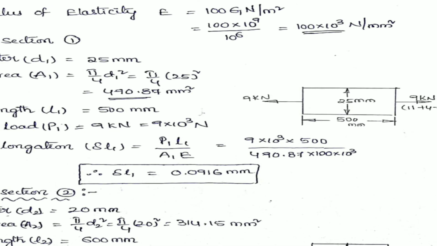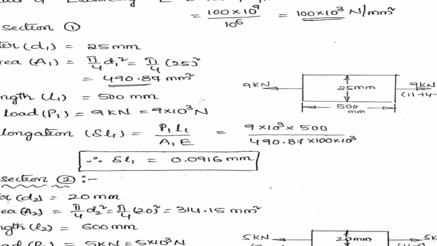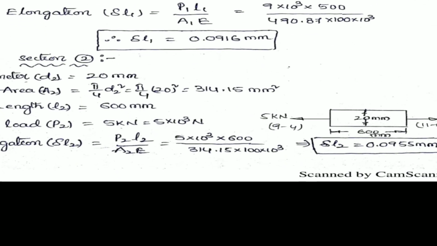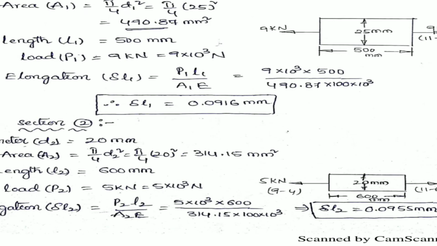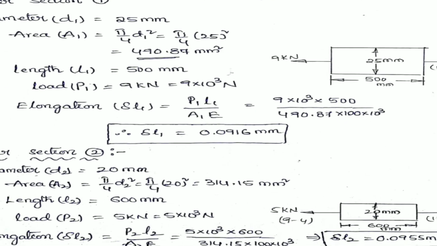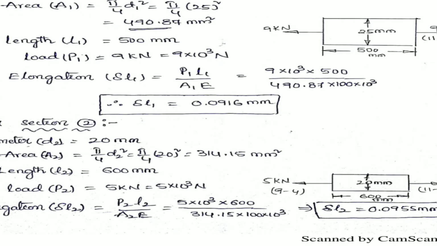Elongation delta L2 is equal to P2 L2 by A2 E, that is equal to 5 into 10 to the power of 3 into 600 by 314.15 into 100 into 10 to the power of 3. Finally, in calculation, delta L2 is equal to 0.0955 mm.